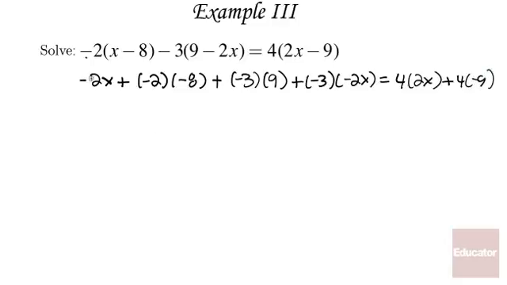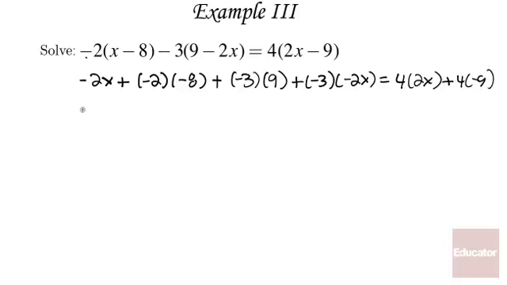So just checking, I have negative 2x plus negative 2 times negative 8 plus negative 3 times 9 plus negative 3 times negative 2x equals 4 times 2x plus 4 times negative 9.